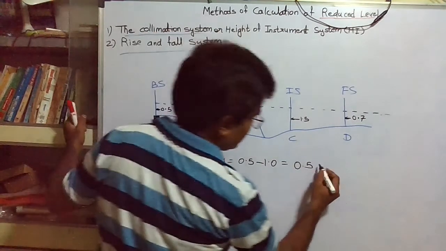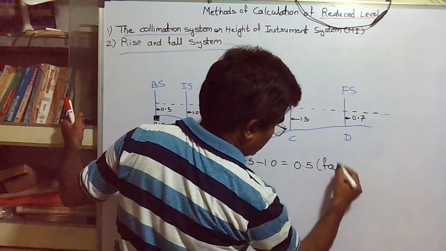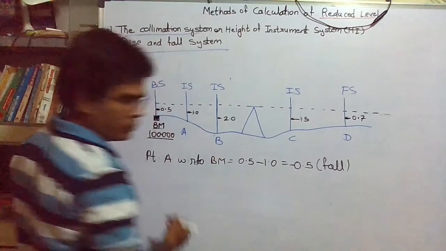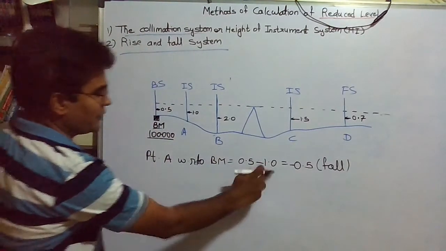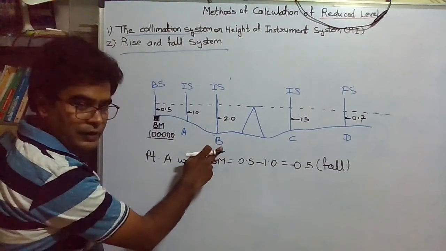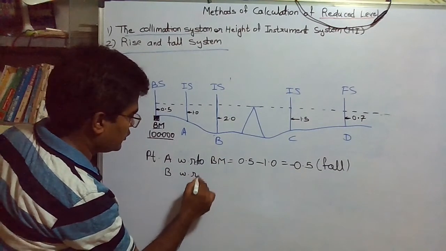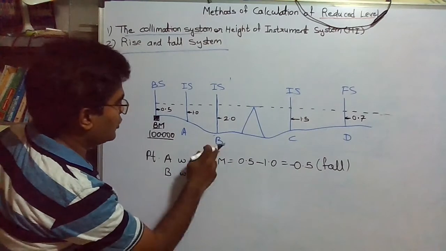We can say this is the fall, minus 0.5. Then again, what is the next point, B? Then we compare point B with respect to point A.